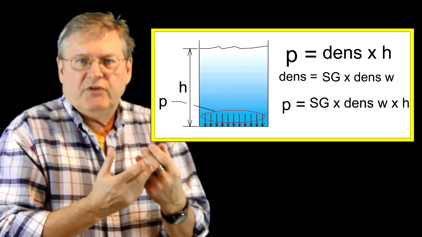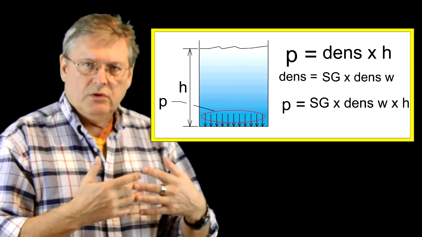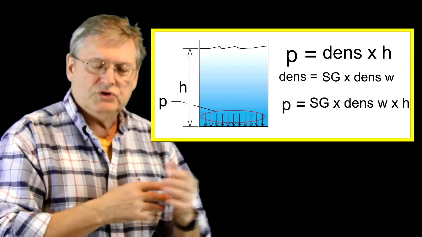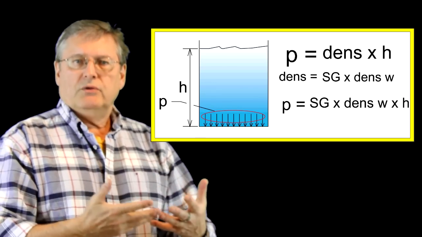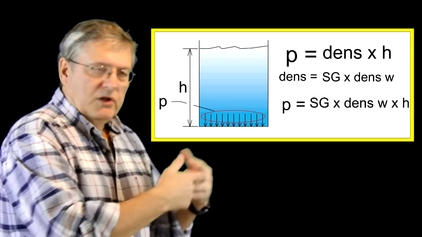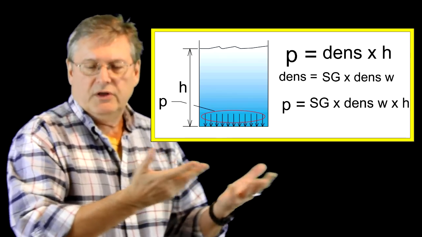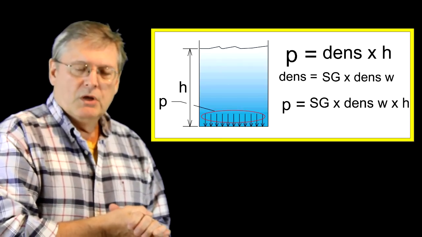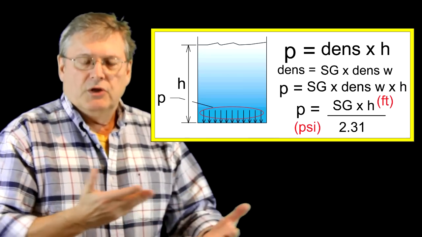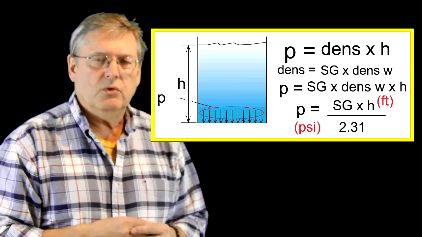So how does specific gravity now fit into this? We know that the density of a liquid will be equal to its specific gravity times the density of water. We've just been through that. So if we put this back into the formula, we'll have pressure is equal to specific gravity of the liquid times the density of water, which we know the number for, times the height, and that's it. I won't bore you with the details because you have to put the proper units to arrive at a consistency between the units, and it's something that you can do quite easily.